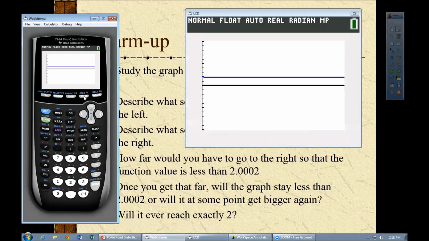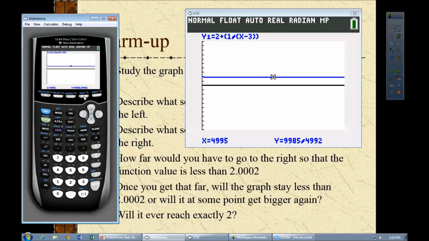Let's trace again. And I notice that for some values I get fractions, other values the calculator can't even turn it into a fraction. But for very large values of x, we seem to be hovering right around a value of 2.